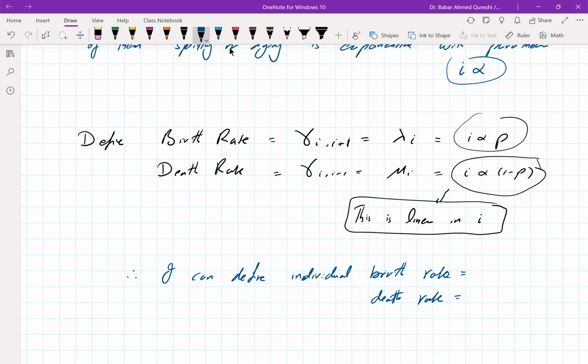So the individual birth rate is alpha p, and the individual death rate is alpha 1 minus p. In general, if you have this guy equal to I lambda and this guy equal to I mu, these are called linear birth and death processes.